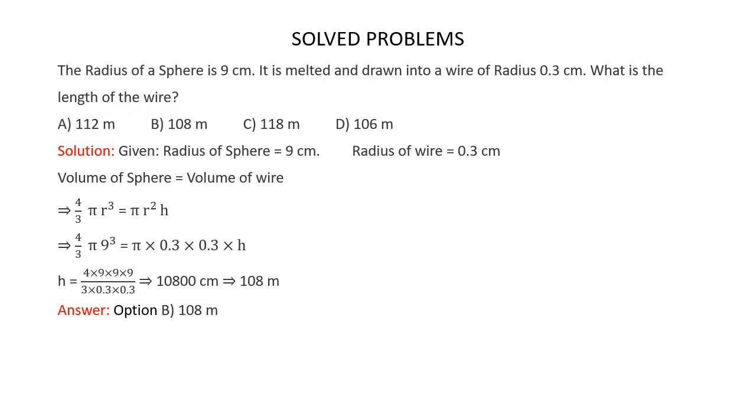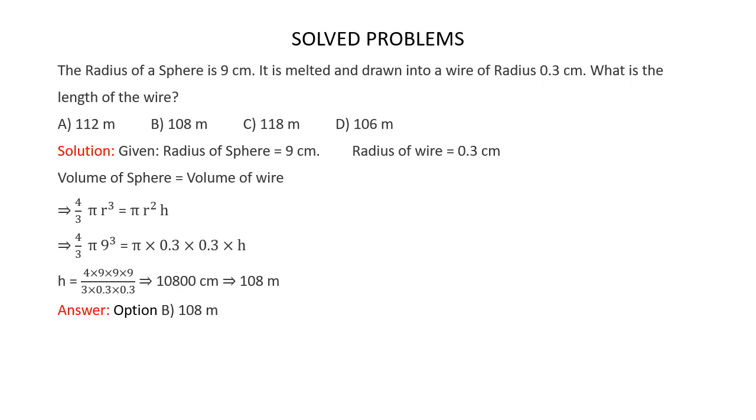Now it's given that the radius of the sphere is 9 centimeters and radius of the wire is 0.3 centimeters. Now it's given that the sphere is melted and drawn into a wire, which means the volume of the sphere is equal to the volume of the wire.